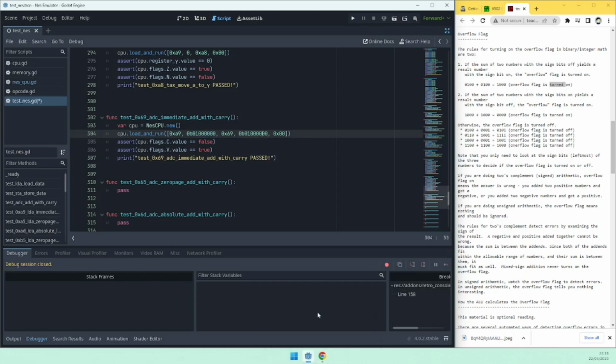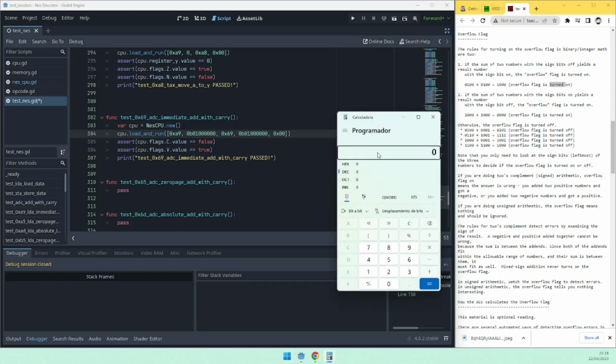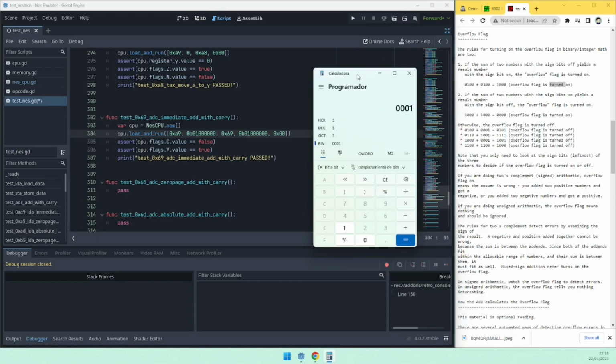So let's try to see it in the calculator. So binary 0 1 0 0 0 0 0 0. So this is the one I want. It's a 64 in decimal, a 40 in hex.